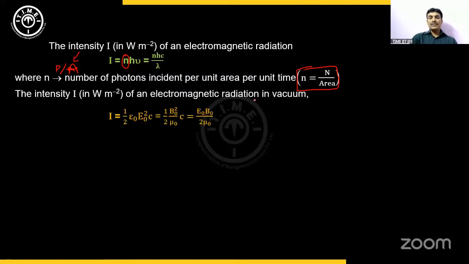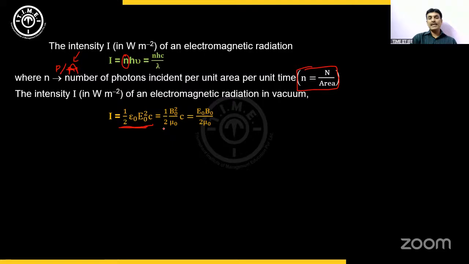So the intensity of electromagnetic radiation in vacuum is expressed as half epsilon naught E naught squared c. E naught is the peak value. It is completely expressed in terms of the electric vector.